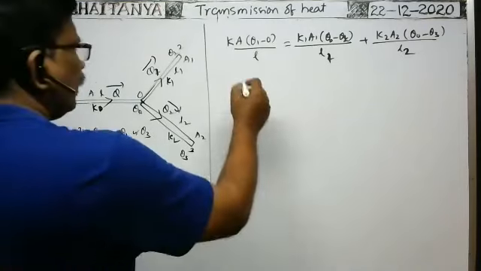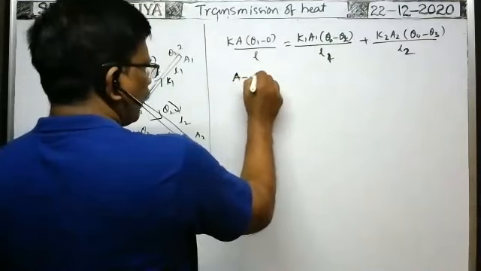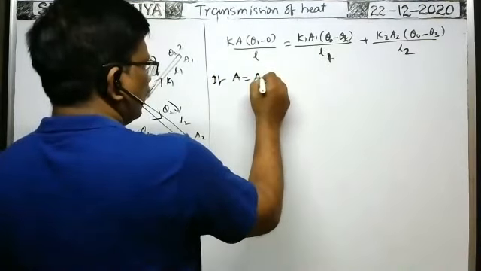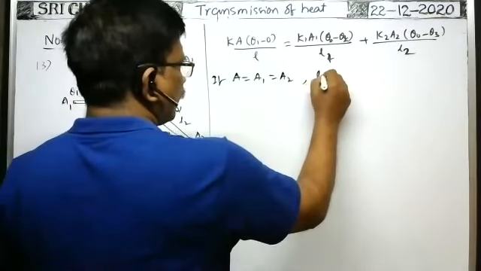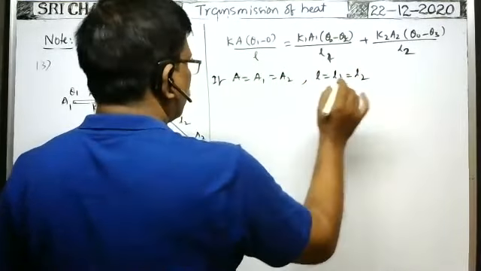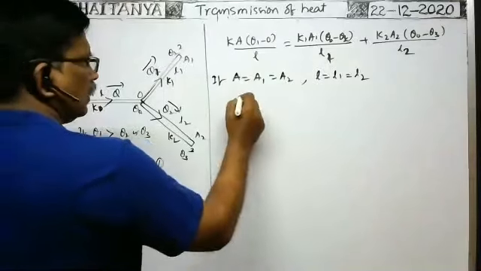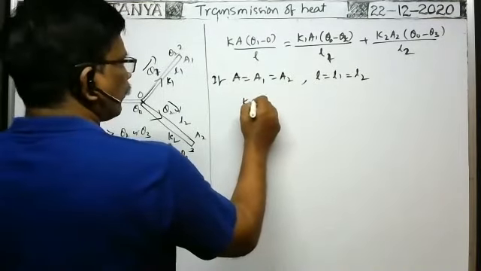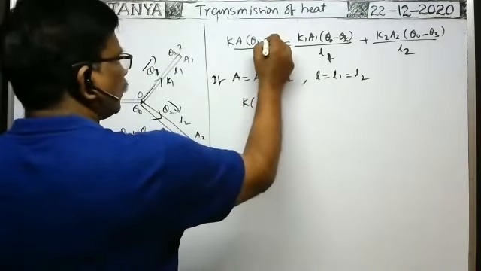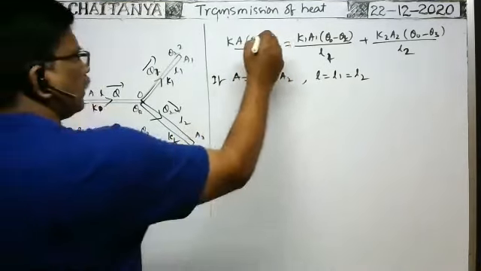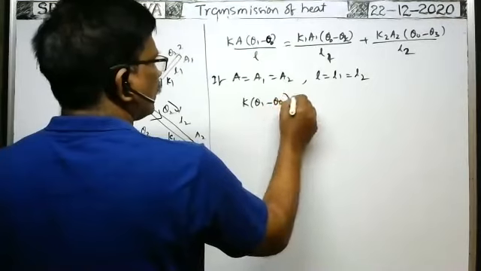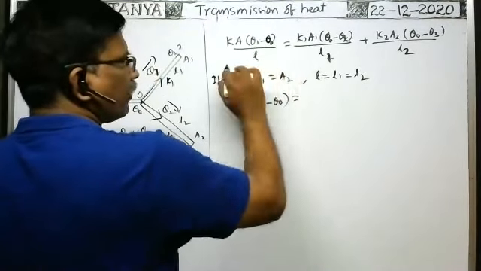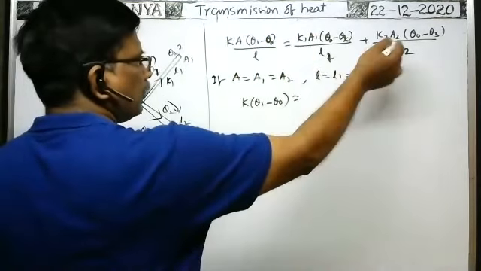Suppose areas of cross section are equal for all and lengths are also equal, then the above equation becomes K into theta1 minus theta naught is equal to, because A and L are both the same for all, A by L you take common and cancel them.